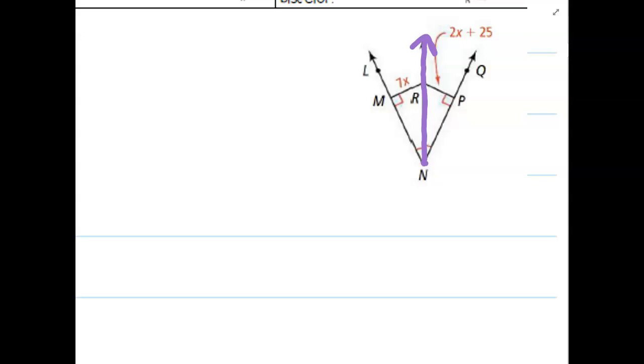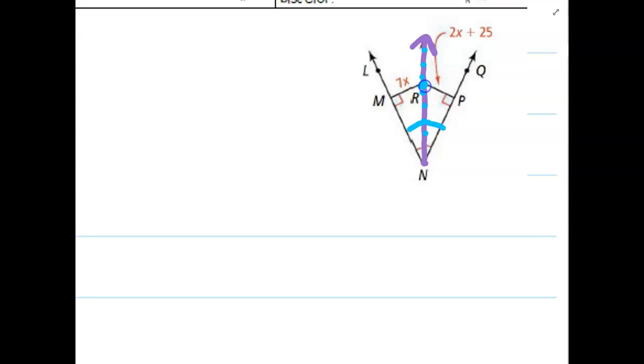Since this is an angle bisector, what that means is every single point on that angle bisector is going to be equidistant from the sides. So if I were to pick a point on the angle bisector and find the distance to the sides, it'd be the same. These two segments are the same.